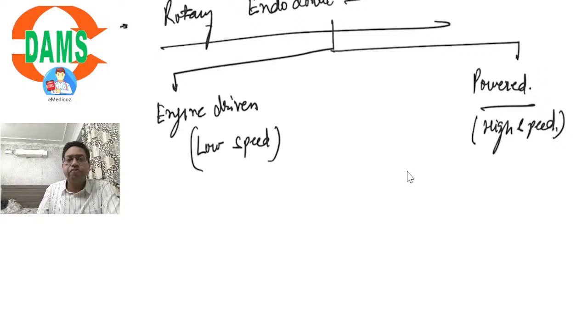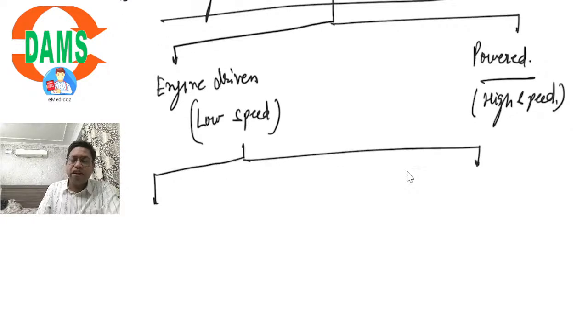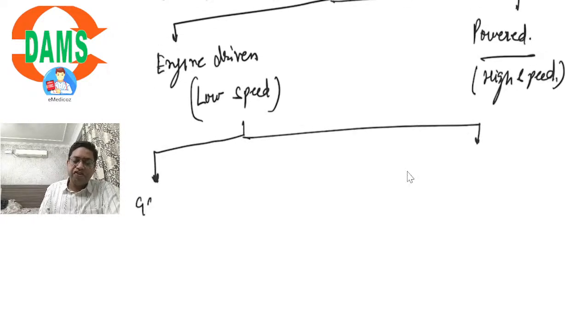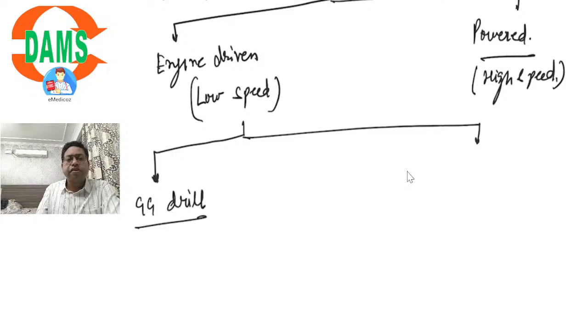Engine driven low speed instruments include two types of instruments. One is the GG drill. GG is the short form for Gates Glidden drill.